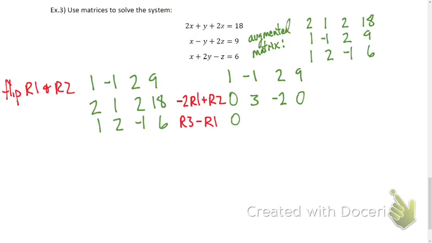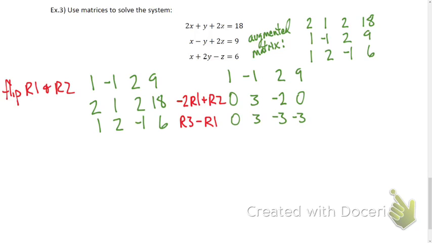And that gives me 0. 1 minus 1 is 0. 2 minus -1, that's a 3. -1 minus 2 is another 3, a -3. 6 minus 9 is -3. All right, we're making progress.